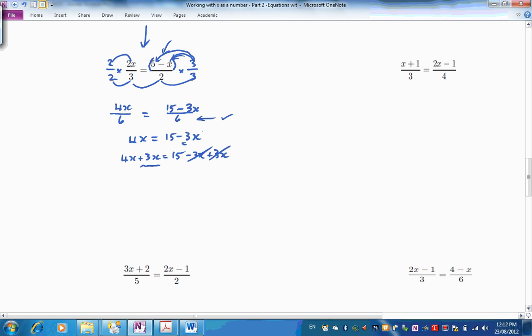But just watch that step now. We looked here and we saw a neg 3x. We want to get all our x's together on the one side. So we will add 3x, do the opposite there, so it disappears. And over on this side, the same thing. So our total x's on this side will be 7x, and it's just 15 left over here.